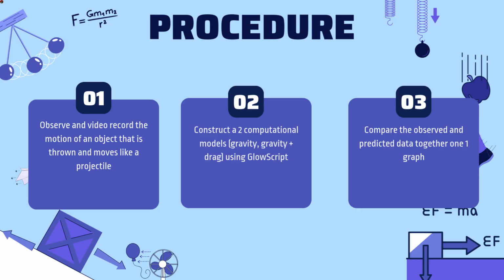And the third being to compare the observed and predicted data together in one graph. So in one graph, there would be the observed data that we got from Tracker, plus two additional lines that show the predicted data through using GlowScript, one including gravity, while the other includes gravity and drag.